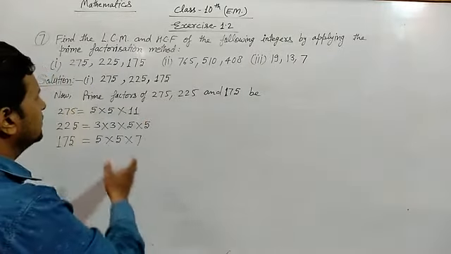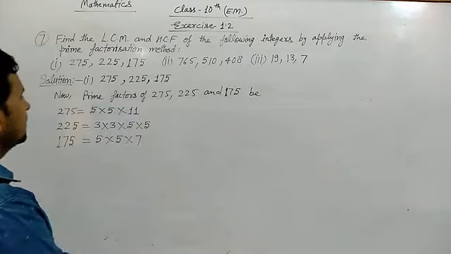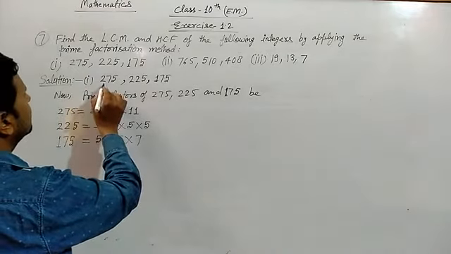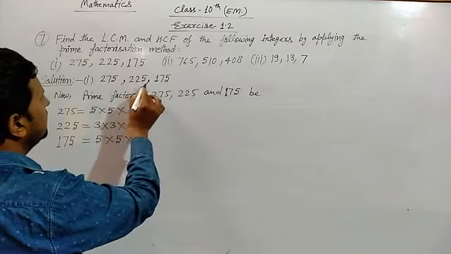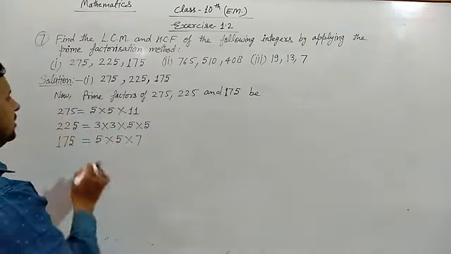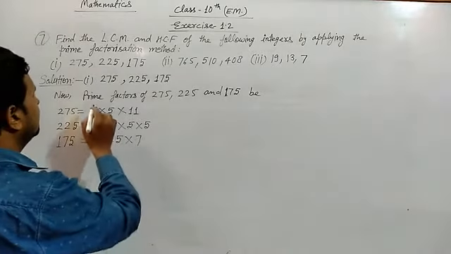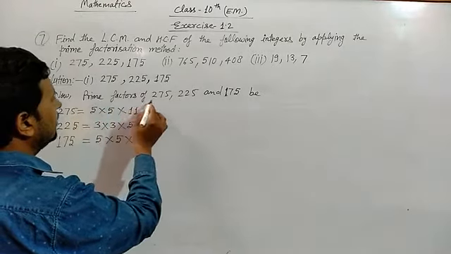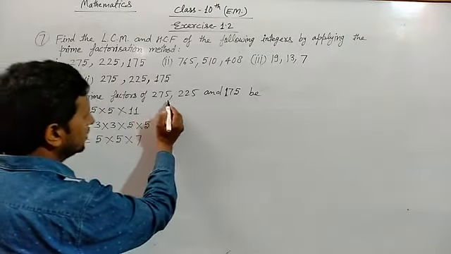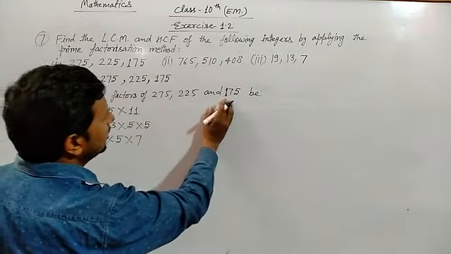On the basis of the first part, see here carefully. First of all, we select the numbers 275, 225 and 175 for the first part. Now we have to factorize them. We can write the prime factors of 275, 225 and 175.